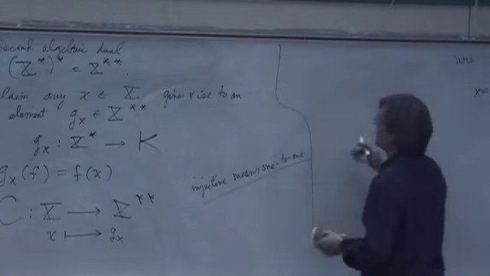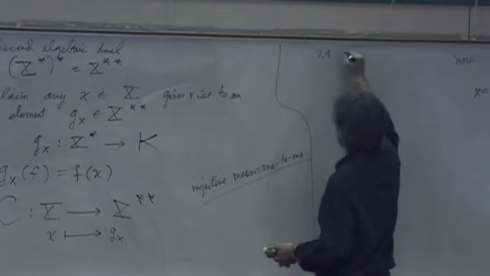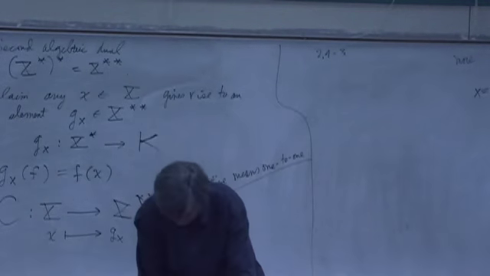Let's see. The claim is 2.9-3. Let's see what the claim is there. I think it's 2.9-3. No, it's 2.9-2.